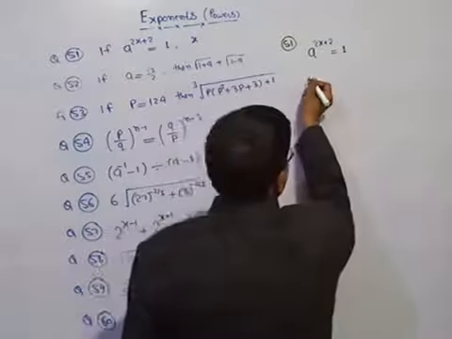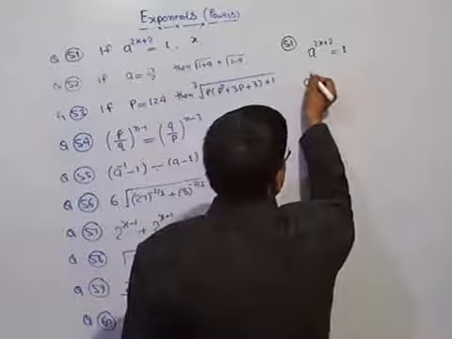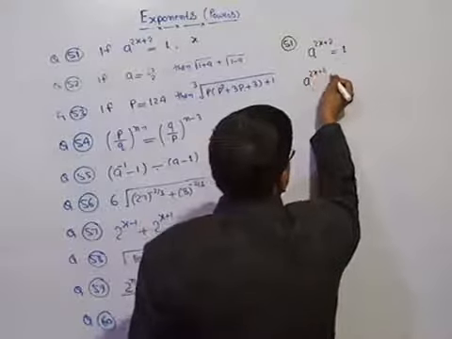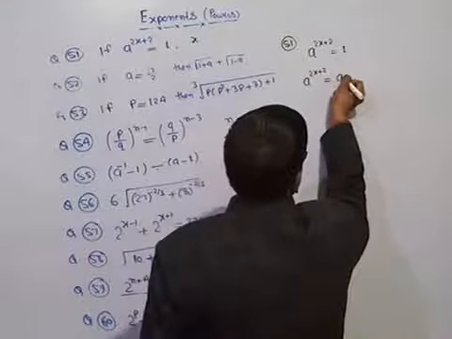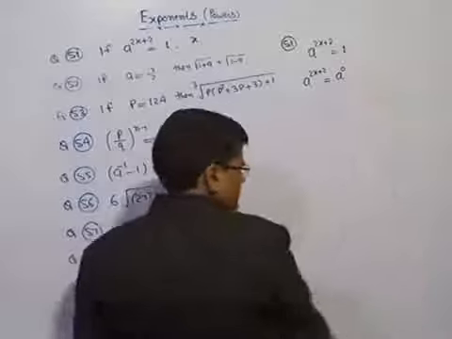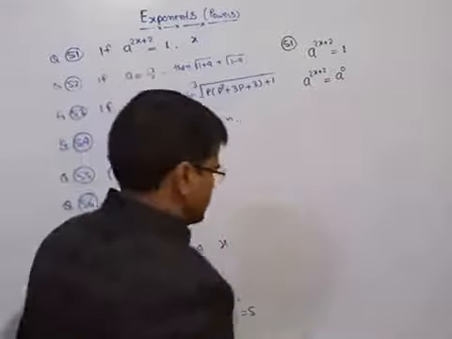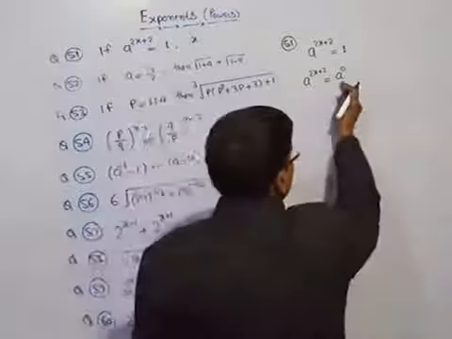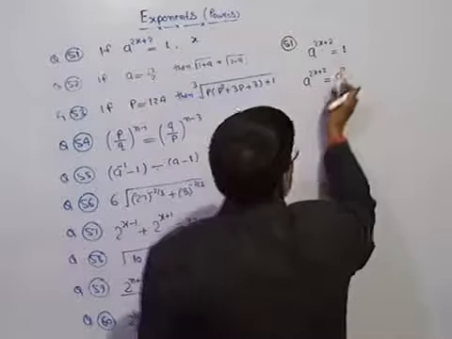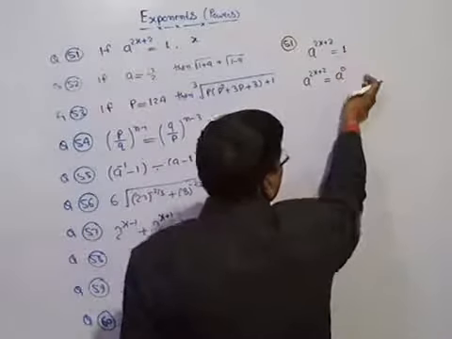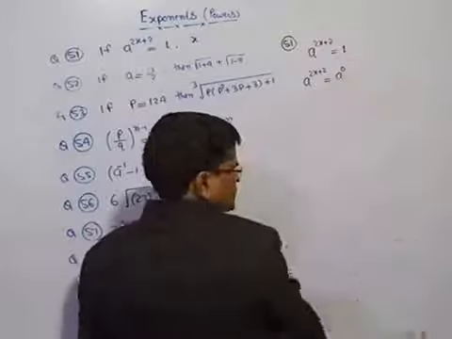We can write a to the power 2x plus 2 equal to a to the power 0. If any number's power is 0, the value equals 1, so we can write 1 equal to a to the power 0.